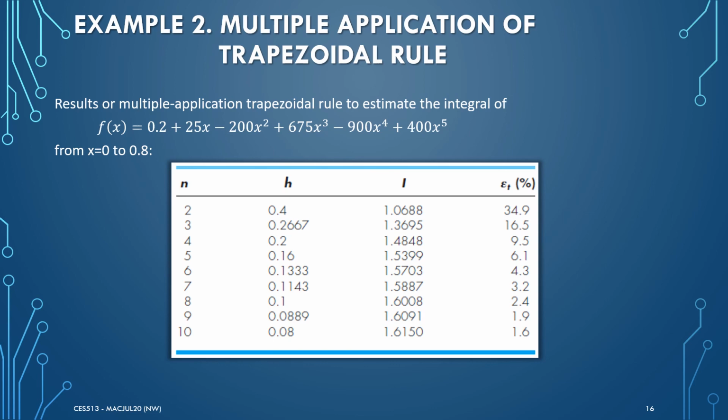Notice how the error decreases from 34.9% to 1.6% as the number of segments increases from 2 to 10. Also notice that the rate of decrease is gradual, because the error is inversely related to the square of n, as we see from the previous formulation.